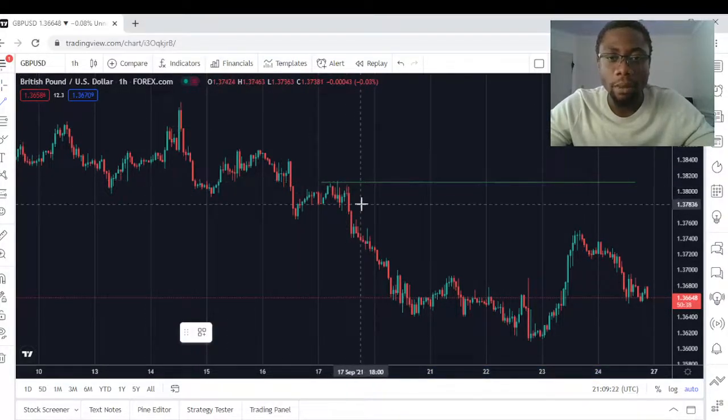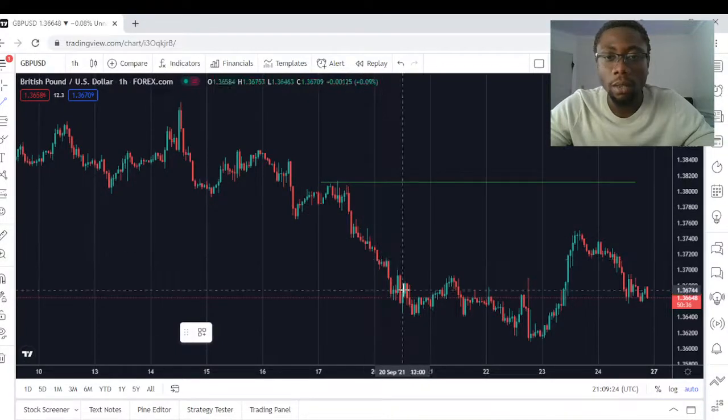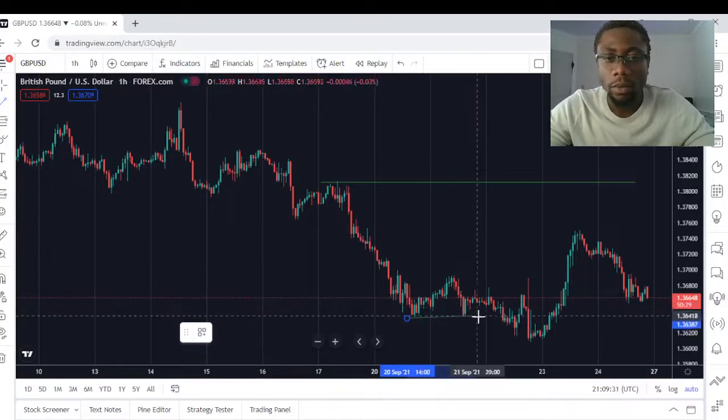After that high was made, price ran all the way down here where price created this level.